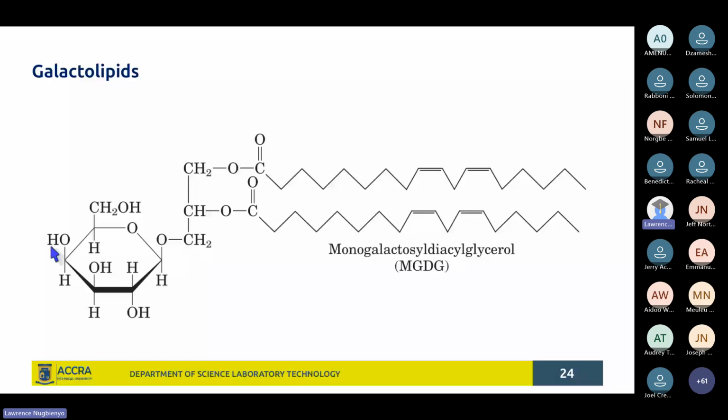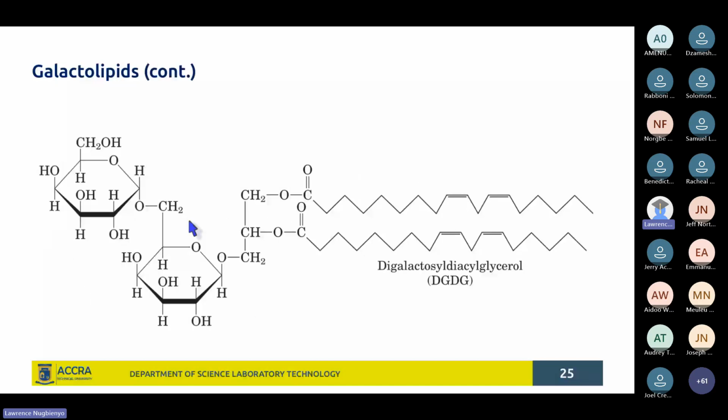That's a monogalactosyl diacylglycerol. You can have even a digalactosyl diacylglycerol, which is to say that you now have a disaccharide of two galactose residues. So you do see these structures in plants.